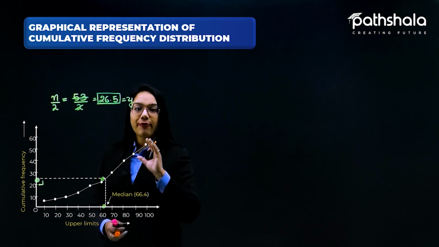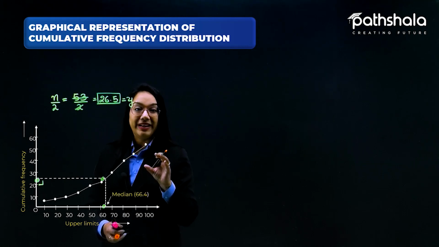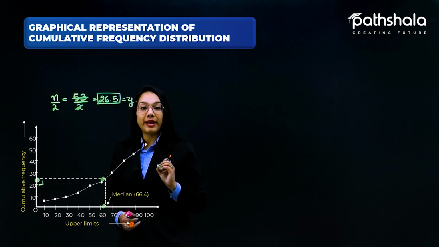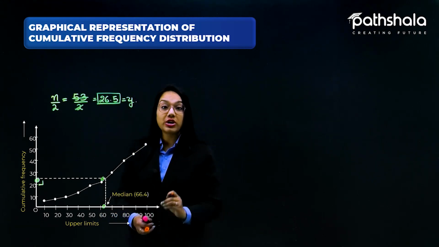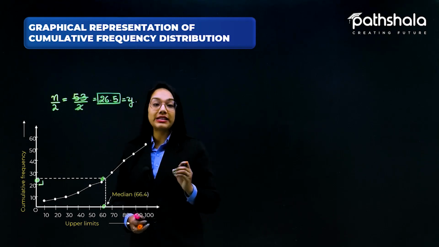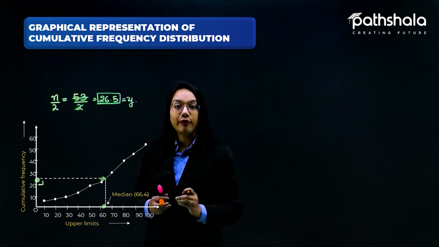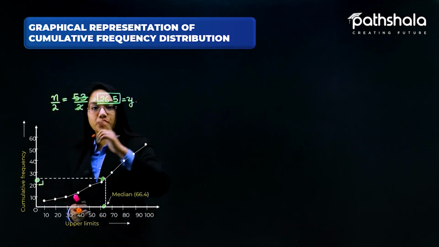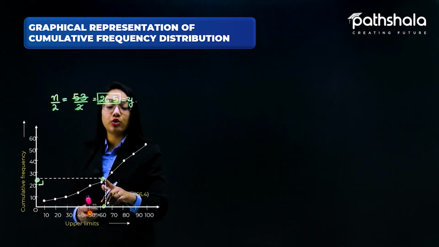So through this graphical representation of the ogives, we can find the median. Whenever we have to find the median in such cases, we first find the value of n by 2, and that n by 2 is a y value. On the y-axis we plot that value, that is 26.5, and from it we draw a perpendicular to the curve.